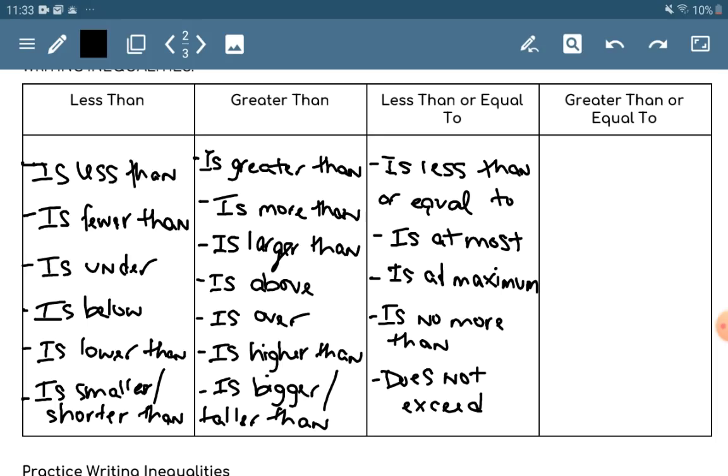In the greater than or equal to column, again, about 5 of them. First one is the obvious one, is greater than or equal to. The next one is at least.